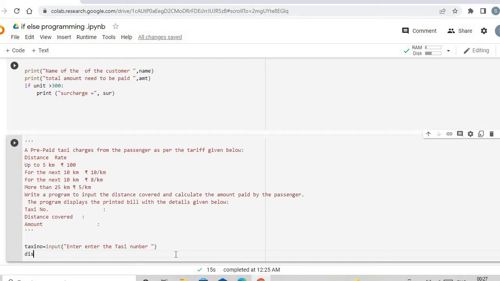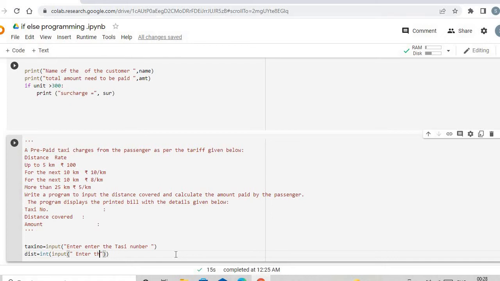Next, I have to input distance covered. So I can write dist, distance, and it is numeric, so I have to use int. Then I have to write input: enter the number of kilometers traveled.